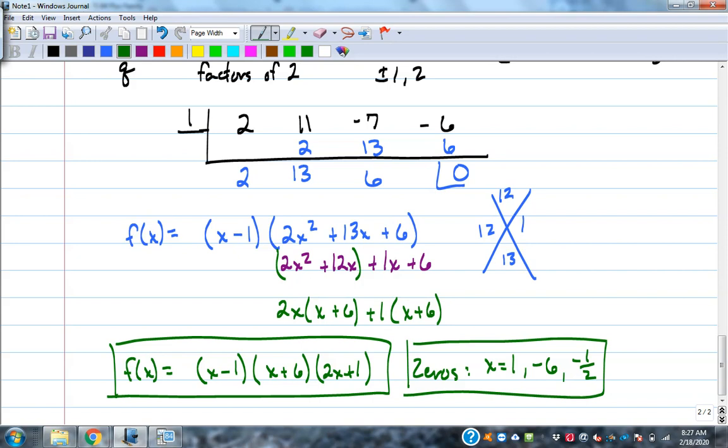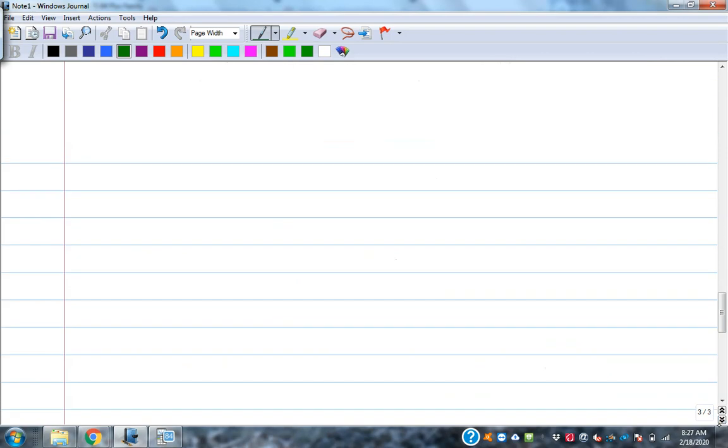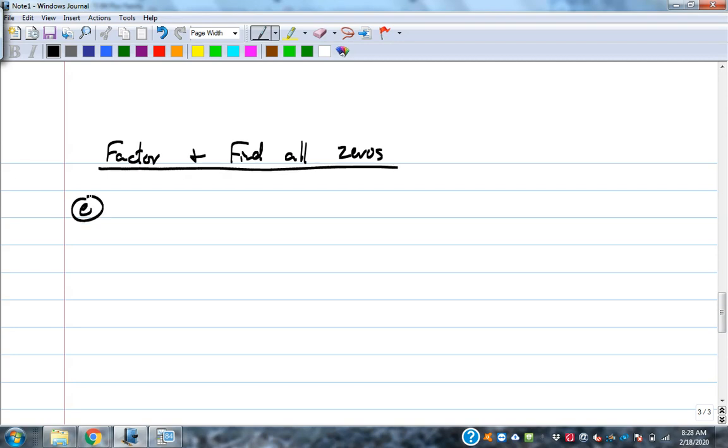All right, let's take a larger one. So we're going to factor and find all zeros. Here's our function. f of x is equal to x to the 5th power minus x to the 4th power minus 4x to the 3rd power plus 8x squared minus 32x plus 48. 5th degree polynomial.